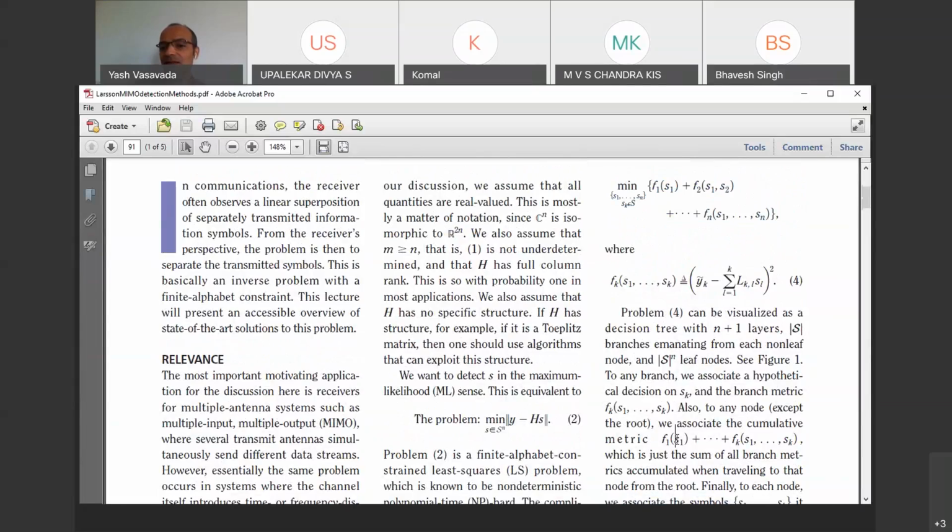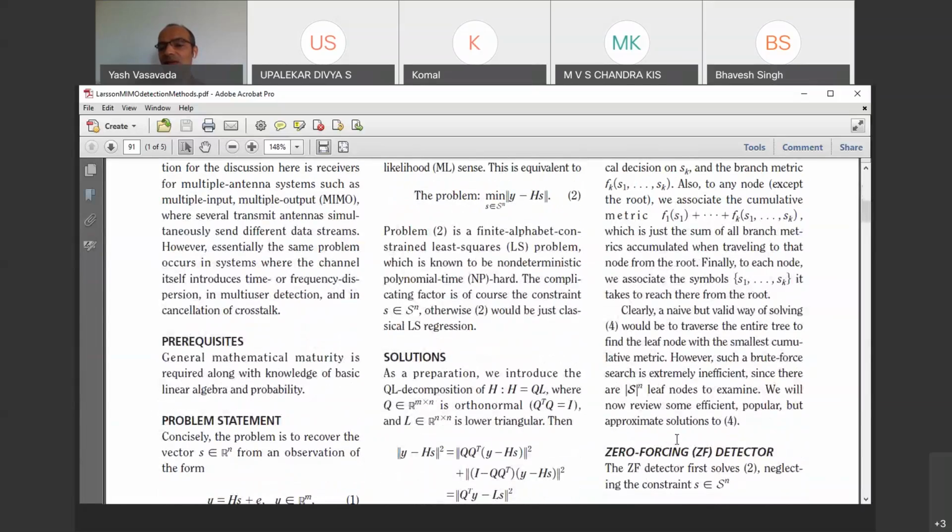But that is back to our brute force technique, which is inefficient because there are just far too many combinations of this S vector that we will have to examine, especially as the number of users or number of antennas goes up.